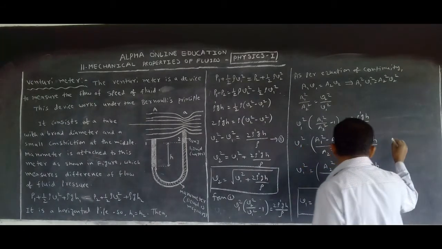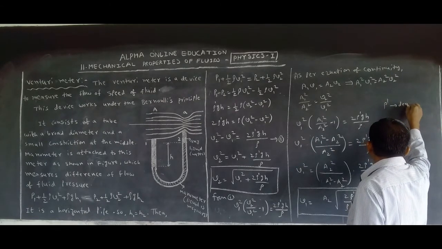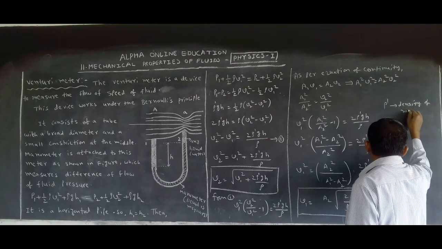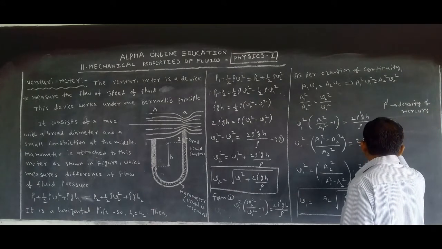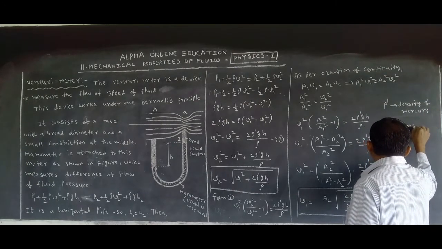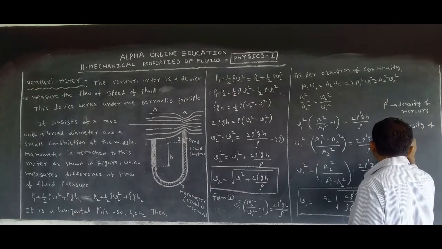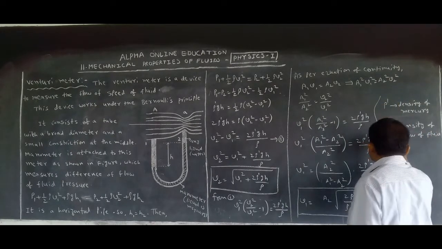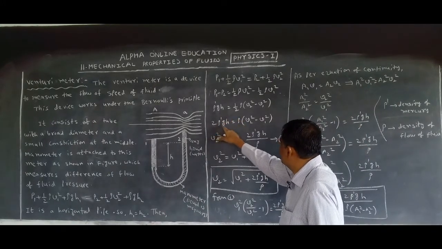Rho is the density of the flowing fluid. Taking 2 to this side, 2 rho dash.